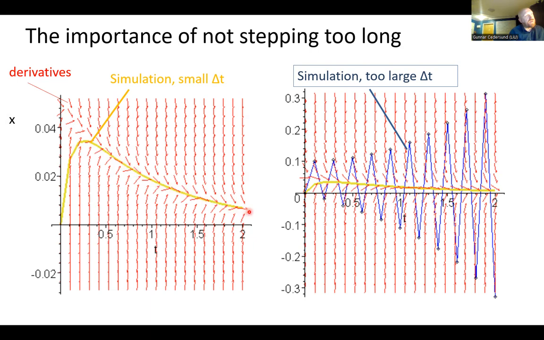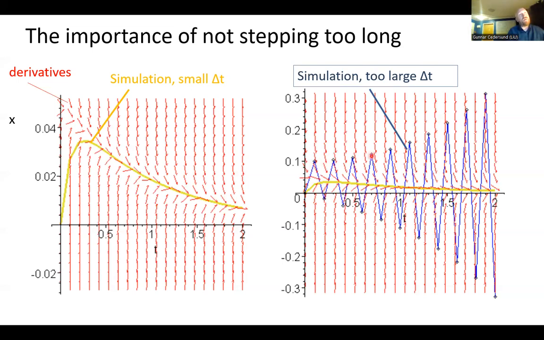But if we take 2 long steps, then already in step 1, we will have gotten the negative value of the derivative. And already in step 2, we will have stepped so much in the negative direction that we actually get the negative value of x.